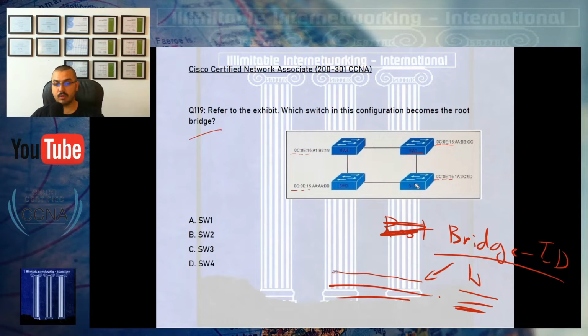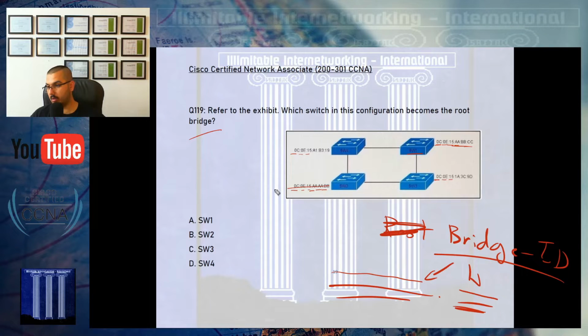So all of these 4 are manufactured by the same company. So AA, BBCC, this is the big one. All of them are letters. AABB, and C is much bigger than this one. So comparing to this one, this will be lower.